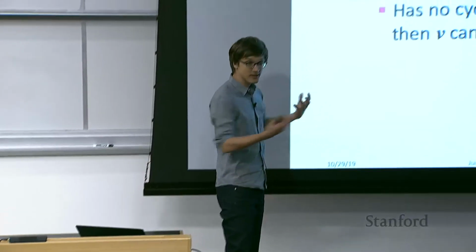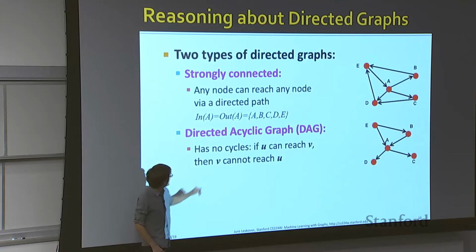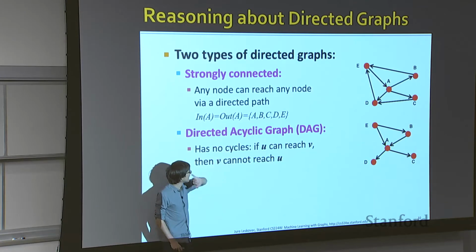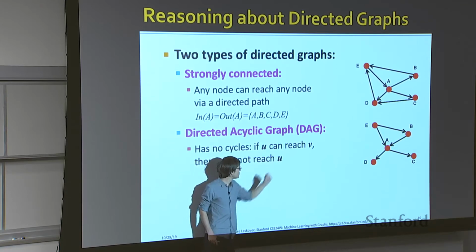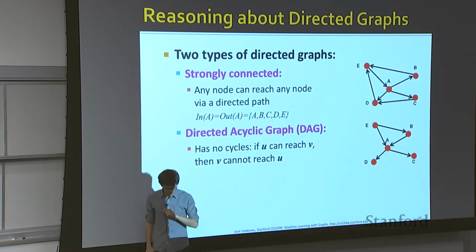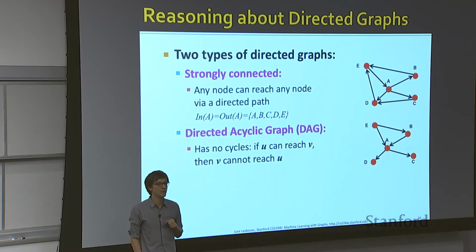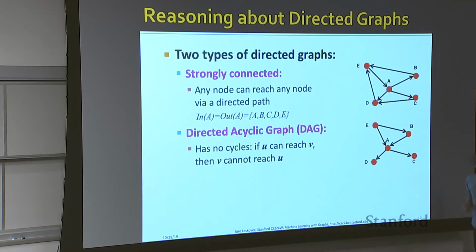And then there is another type of directed graph called a directed acyclic graph. Basically, this is a directed graph that has no cycles. What does it mean, no cycles? If you can reach V, then V cannot reach you. So there's always a path, but only in one way. This is an example of a directed acyclic graph.